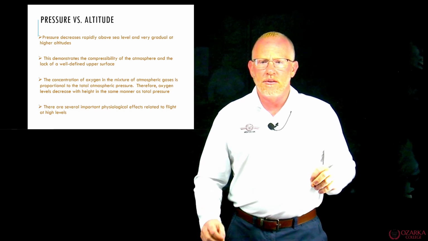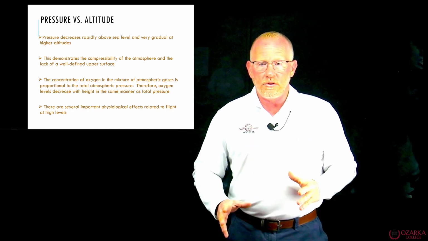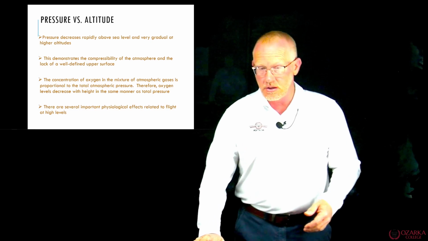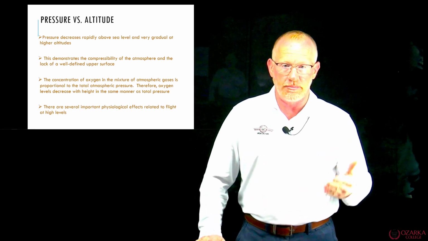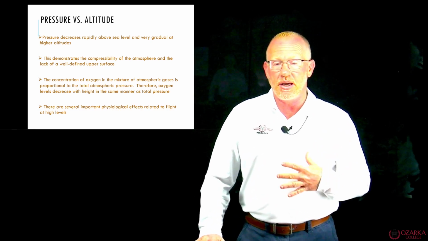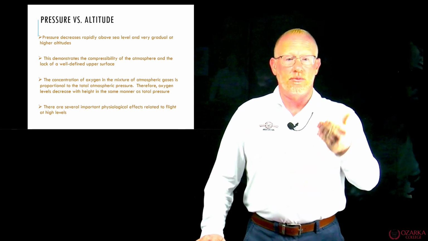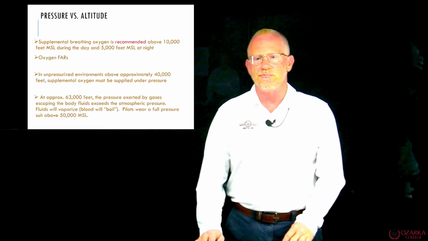So there are several important physiological effects related to flight at high altitudes because of the pressure being different and our bodies not being able to absorb the oxygen that is there because the pressure is less. And we're going to talk about some of them, okay?